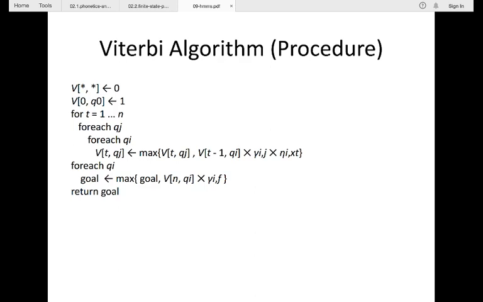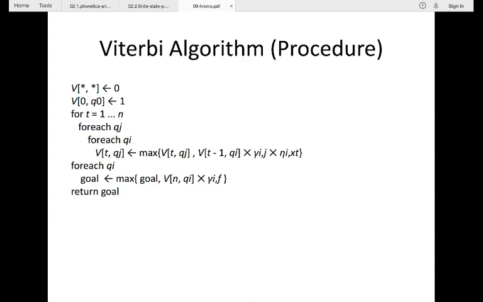So we start off by initializing a matrix n by n with all zeros, and then we set the zeroth row, zeroth column to 1. So that's the starting place. And then for every time step, t, up to n, we do this.